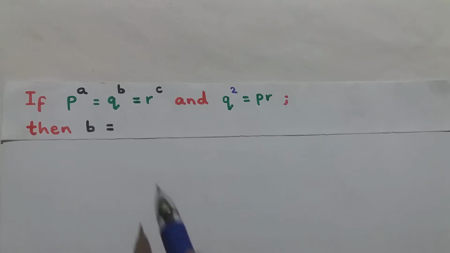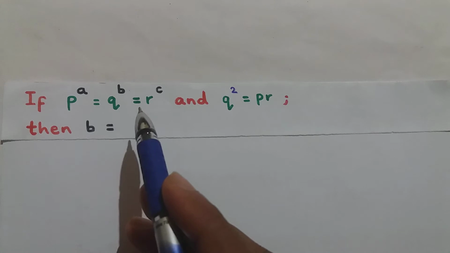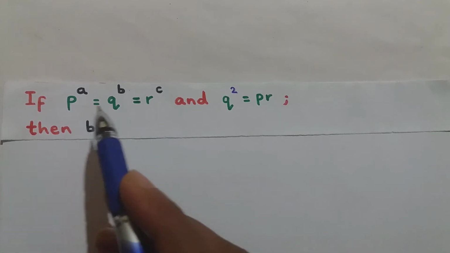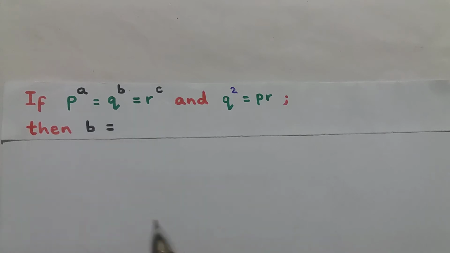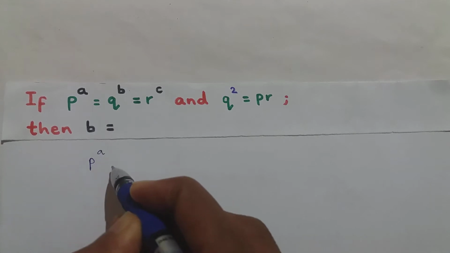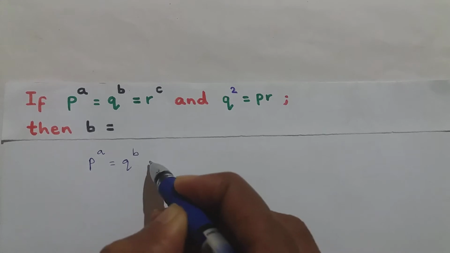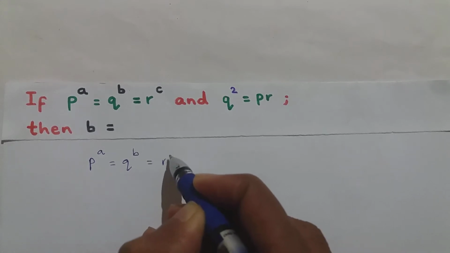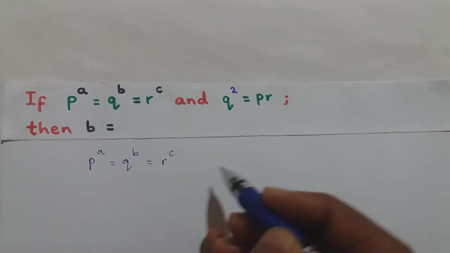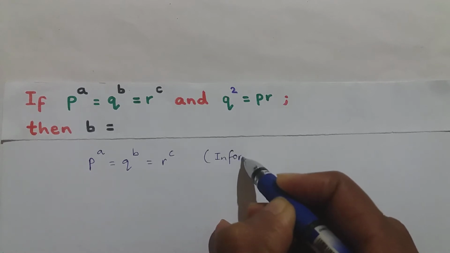So we know that p to the power a is equal to q to the power b is equal to r to the power c. So let us say this is information number 1.